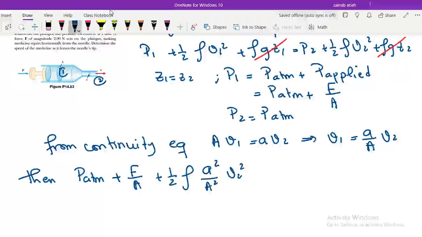I'm substituting in Bernoulli, okay? I've removed Z1 and Z2. It's equal to P2, which was P atmospheric, plus half rho V2 squared.